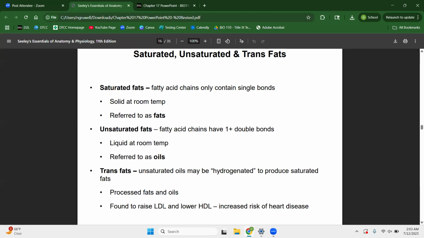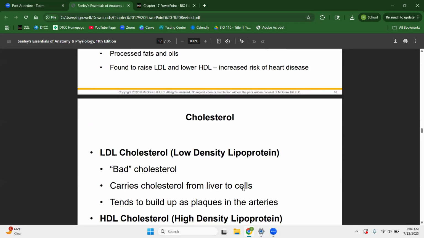That's the bad type of cholesterol, the bad type of lipid that we don't want to see too high in the bloodstream. And it lowers our HDL, our high density, which we do want to have in the bloodstream. The combination of higher LDL levels and lower HDL levels is a big increased risk for heart and other vascular diseases.